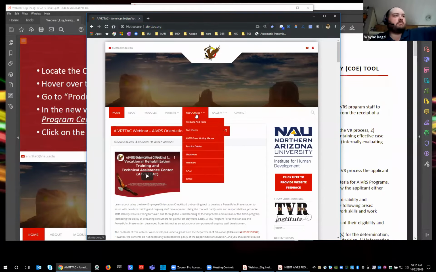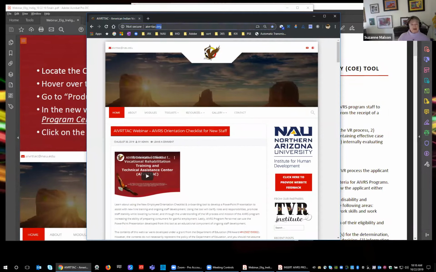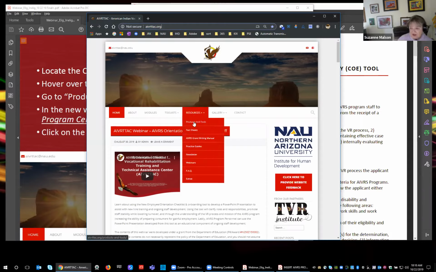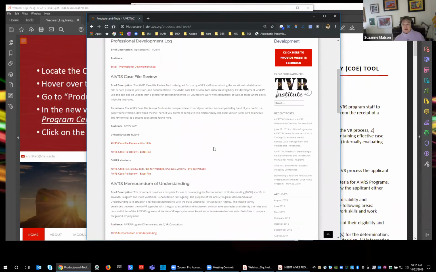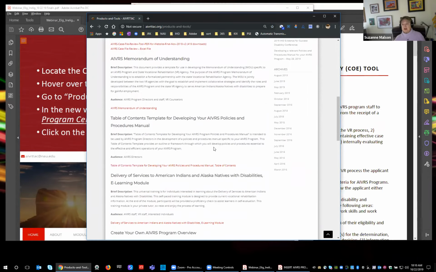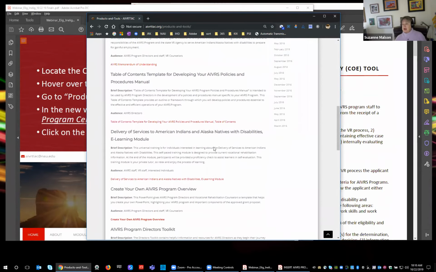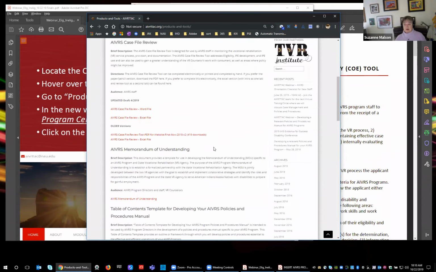Go ahead. Okay. So locating the tool. It's a great tool. Wish I would have had one of these when I was a director. It's not on our website yet, but it will be, and you can locate the COE tool on the AIVRTTAC.org website.